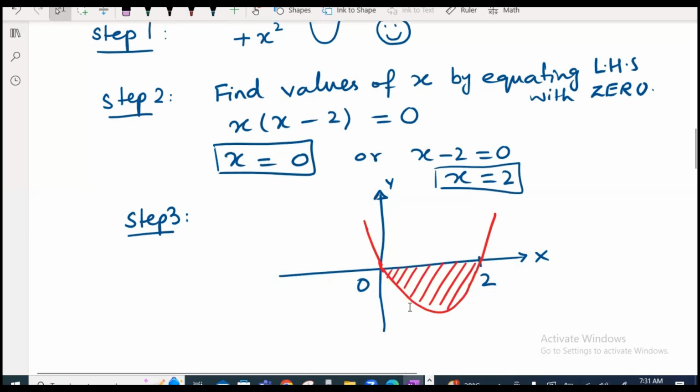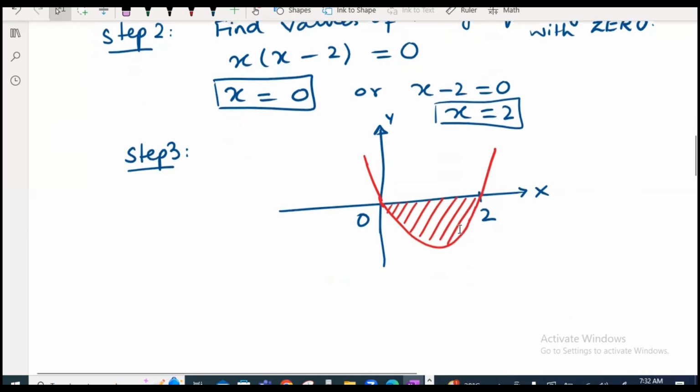The region you have to shade for less than sign is the region in between the x-axis and the curve and below the x-axis. So now the answer will be this region, in between 0 and 2 here. So the answer of this inequality will be x in between 0 and 2, the continued value.